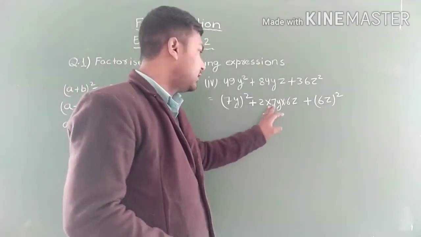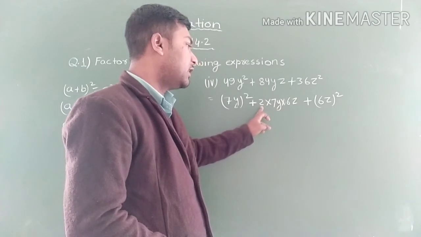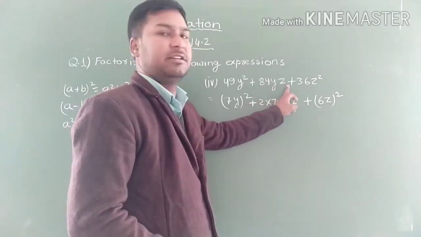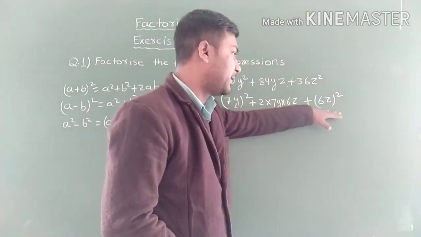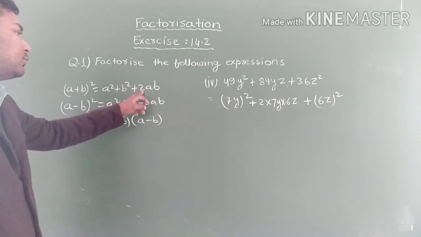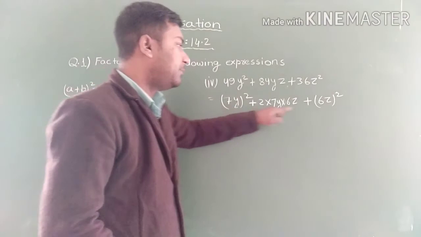Let's check whether it is right or not. 6 times 7 is 42, 42 times 2 is 84, so 84yz. So this expression is in the form a square plus b square plus 2ab, where a is 7y and b is 6z.